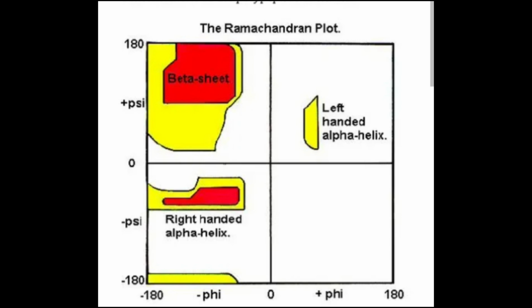Quadrant 3 is where we can find the right-handed alpha helix. And quadrant 4 has phi from 0 to 180 degrees and psi from minus 180 to 0 degrees, and it is disfavored due to steric conflicts.